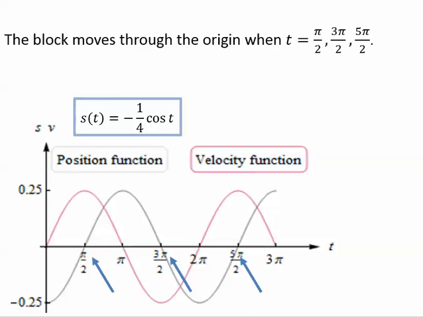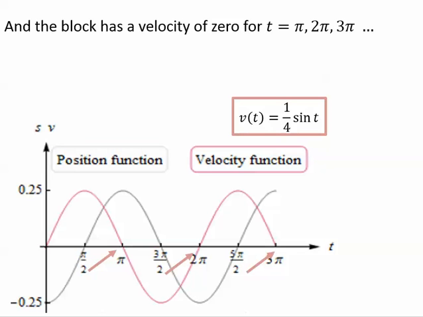Notice that the position is equal to 0 when t equals pi over 2, 3 pi over 2, 5 pi over 2, and so on, if we kept letting the block go on and on. So it moves through the origin at those times, and we find that by looking at the position function. Now looking at the velocity function, we can see that the block is momentarily at rest at t equals, well, of course 0, but then pi, 2 pi, and 3 pi.